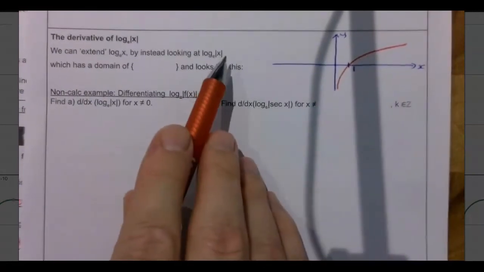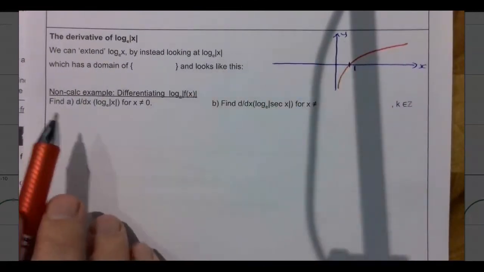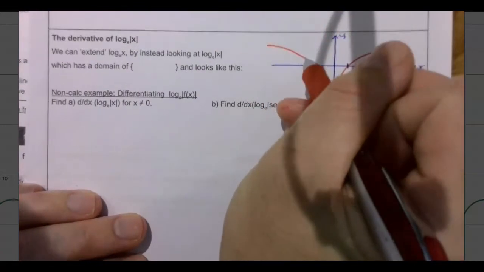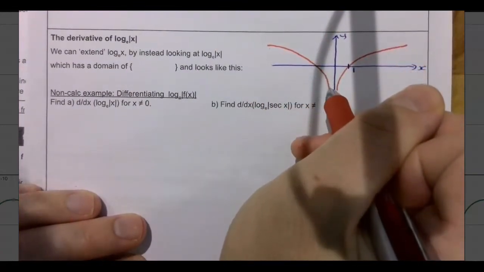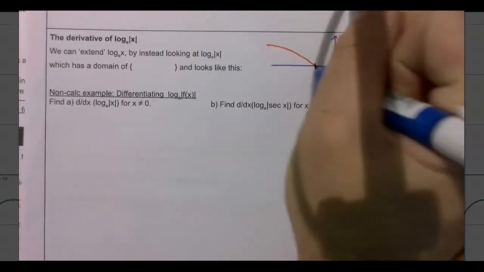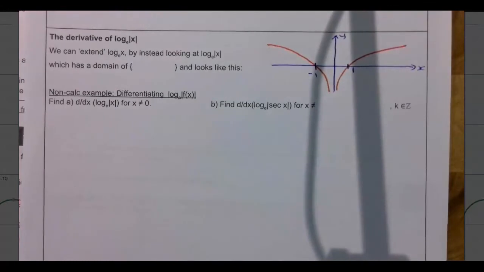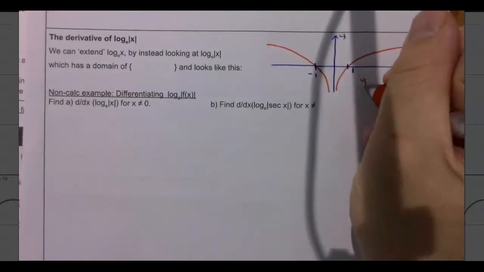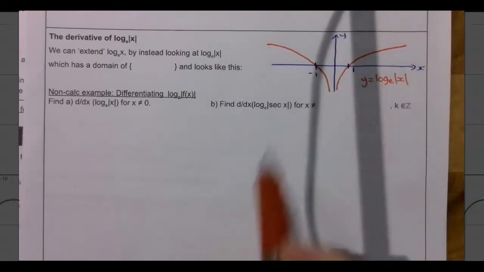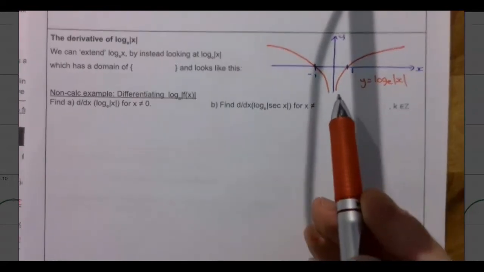If I substitute in -3, it's the same as substituting in 3. So this function is going to have a mirror image for negative values, giving us a domain that's bigger than it would otherwise be.